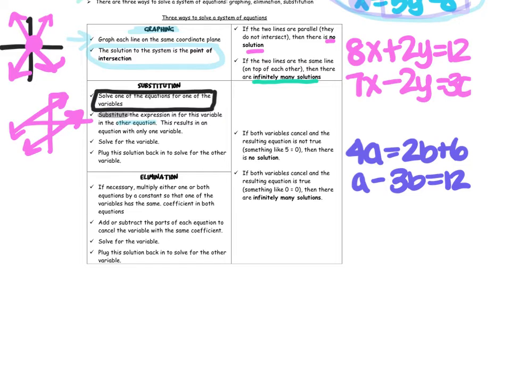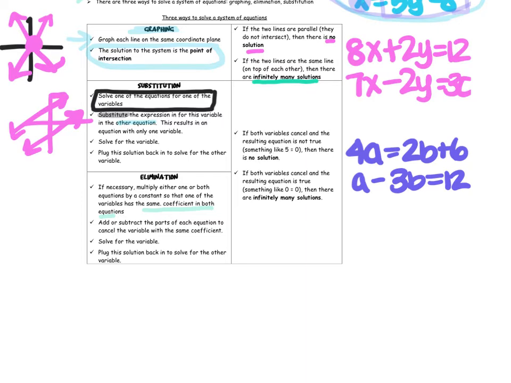Okay, elimination. If you think about the word elimination, the root of that is eliminate. Some teachers might refer to this method as the stack and add or stack and subtract method. But our goal is that we want both of the equations to have a variable with the same coefficient in both equations.